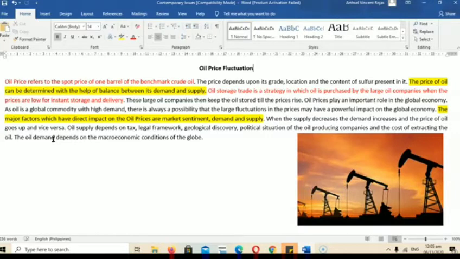So now, in having the oil price fluctuation, remember that there are two types of oil price fluctuation. Aside from being termed or called oil price increase or oil price decrease, there are also two terms referred to as rollback and hike.